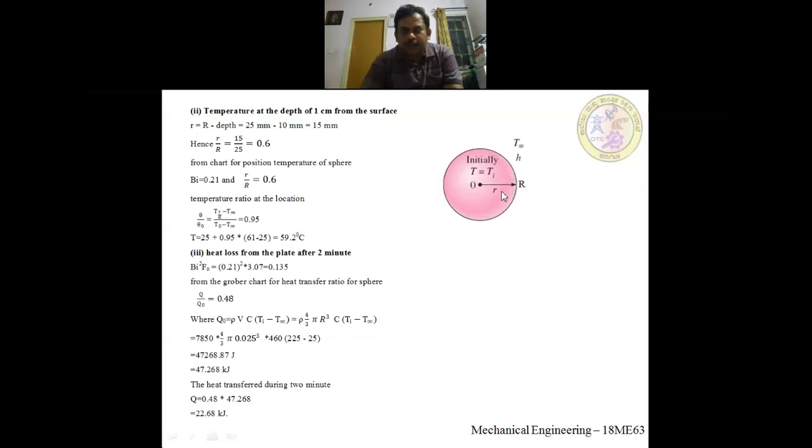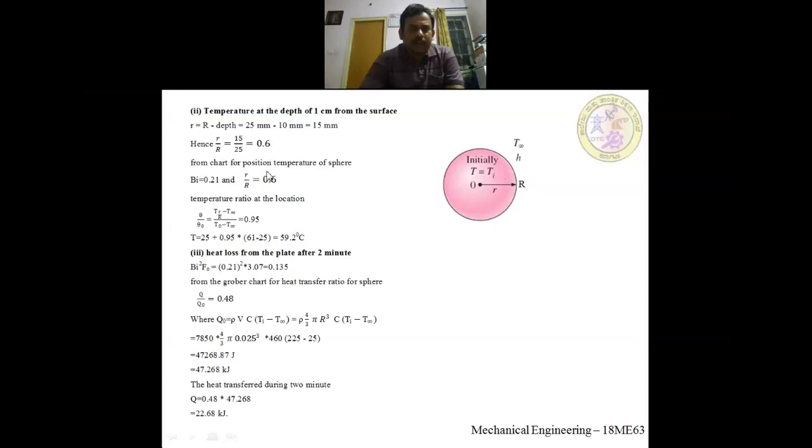From the center to this line is what you have to calculate. Total radius is 25 mm and depth is 10 mm. 25 minus 10 gives you 15, that is small r. Next, r by R, 15 by 25, is 0.6.